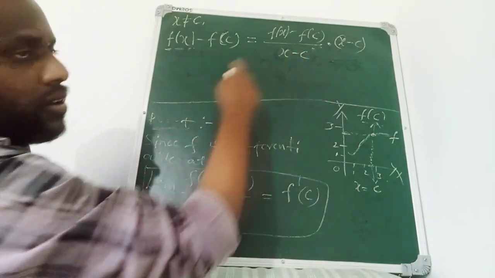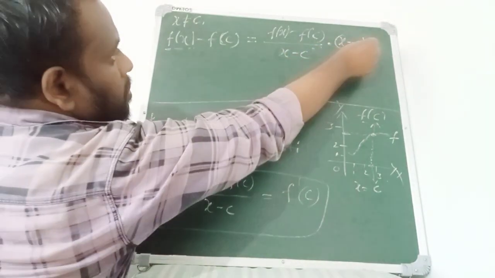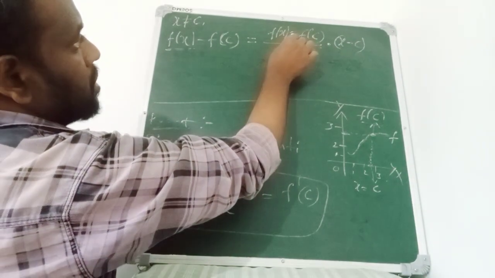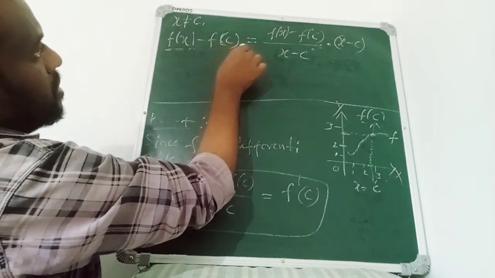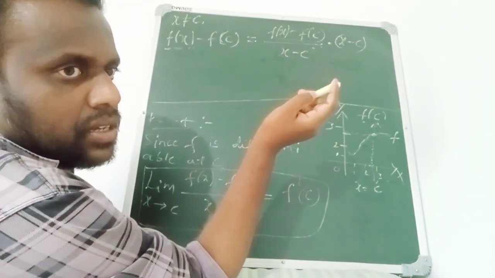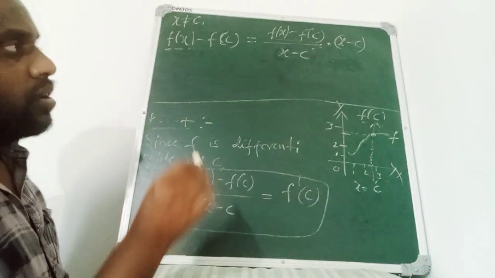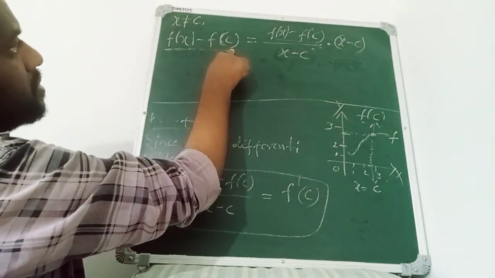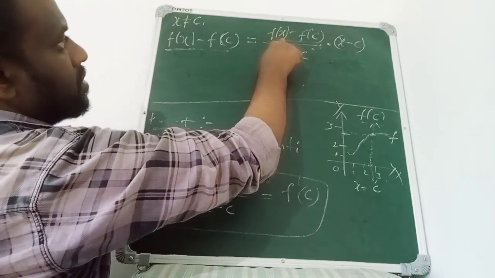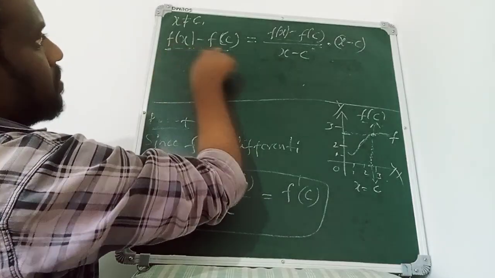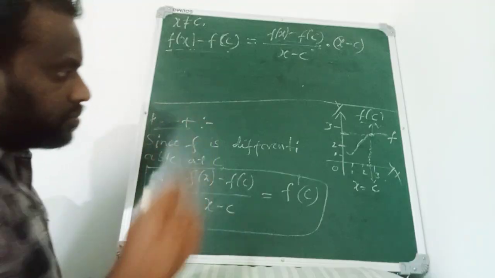This can be written like this because x minus c will cancel out, and we get the same thing, f of x minus f of c. So LHS is equal to RHS because this and this cancel out. So I can write f of x minus f of c equal to this. Okay, so now I will continue from here.